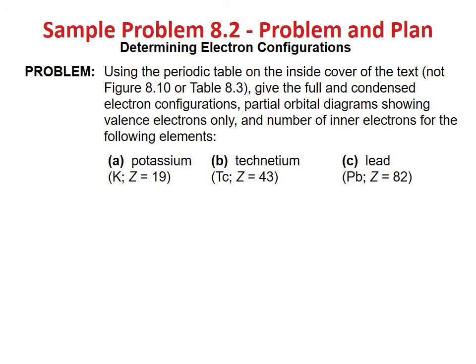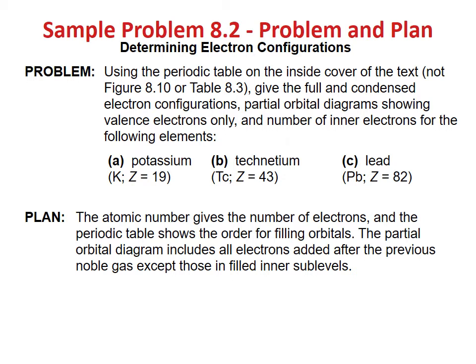Sample problem 8.2. Using the periodic table on the inside cover of the text, give the full and the condensed electron configurations, partial orbital diagram showing valence electrons only, and the number of inner electrons for the following elements. So our plan is we look at the periodic table, find the atomic number.